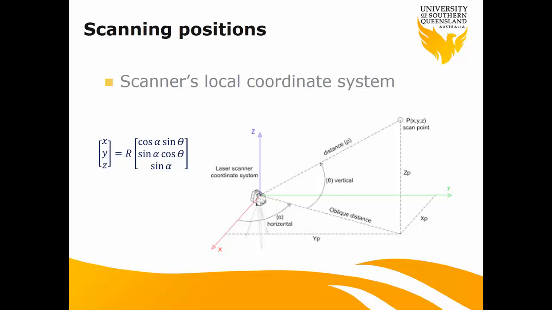The origin or center of this local coordinate system is the point where the laser beam meets the rotating mirror. That's the zero point, so you get the 0, 0, 0 position. From here you define the vertical axis and the x and y. Because we can measure the vertical angle and horizontal angle, we can calculate the point's x, y, z. But remember, that's in the local station coordinate system.